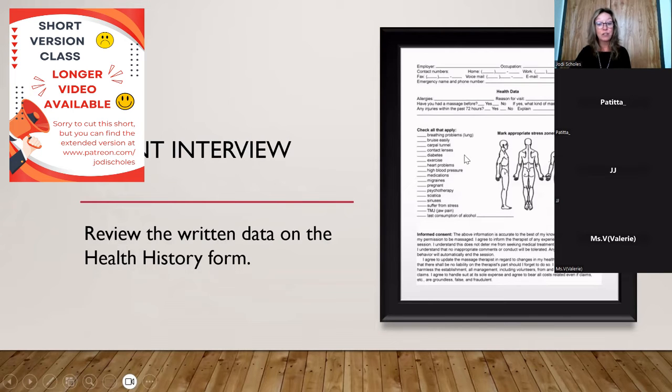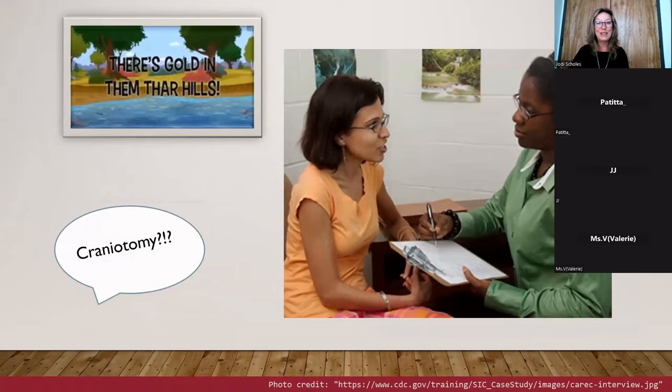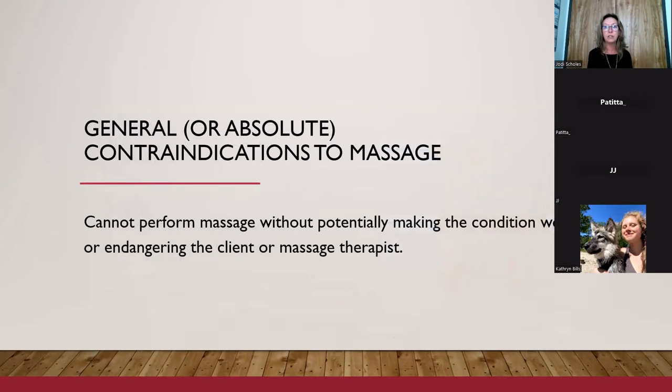Depends how you'd like to access your data. But as I've said in other client assessment videos, I love to let you know there is gold in the client interview. Gold. There's an old cartoon that says, there's gold and then there are hills. There's gold. Let's talk about general contraindications.